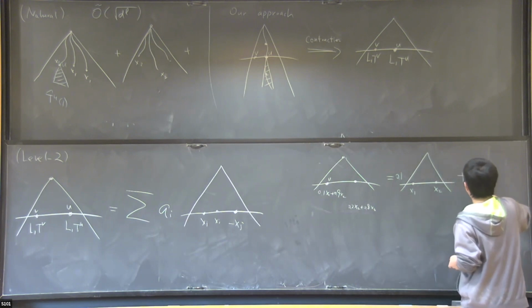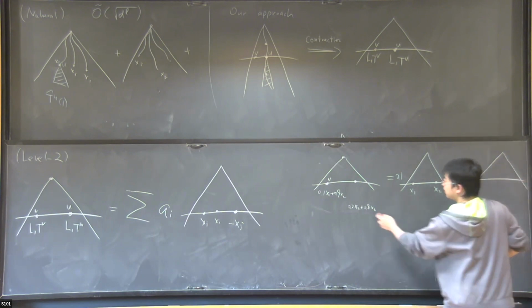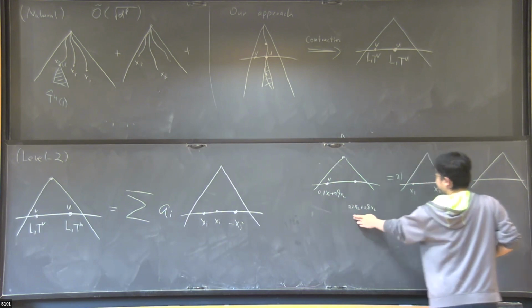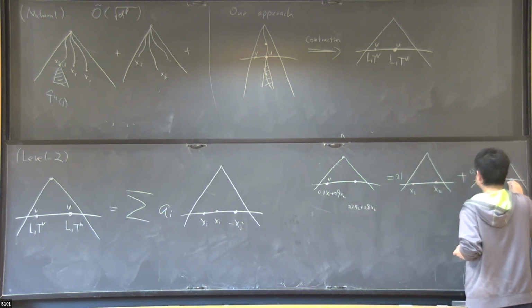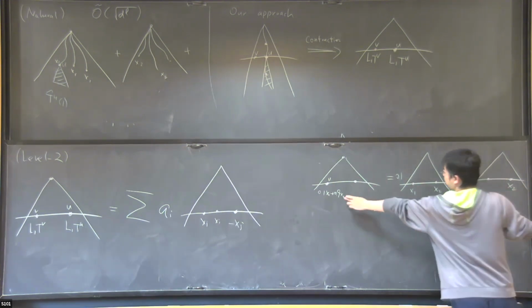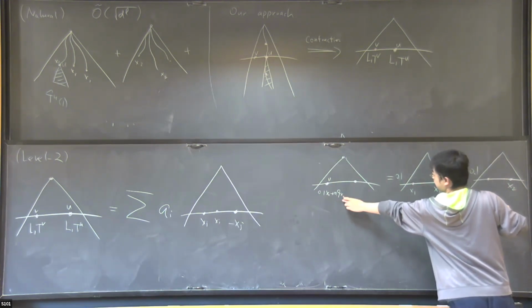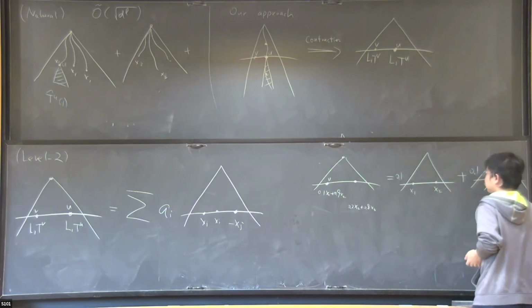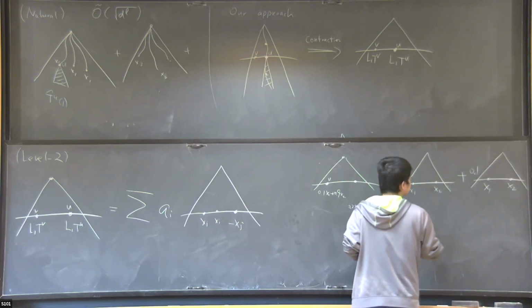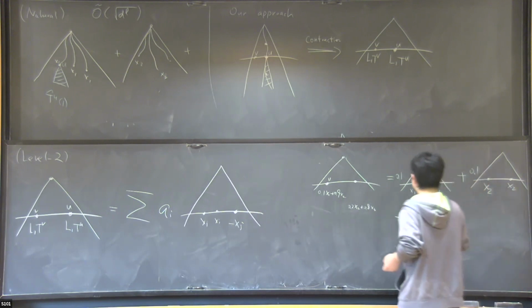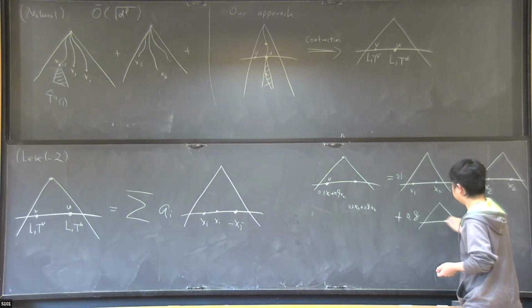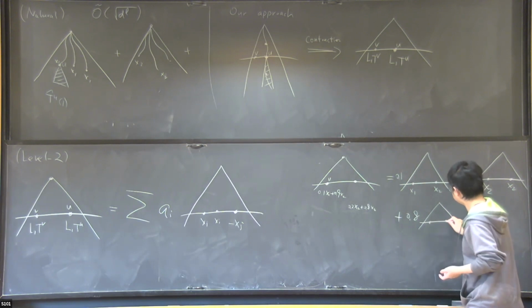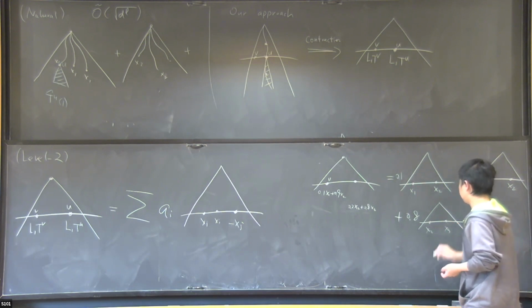And then you add the 0.1 again, like x2 in the second node and x2 also in the first node. And then what remains is x2 on the first node and x3 on the second node.